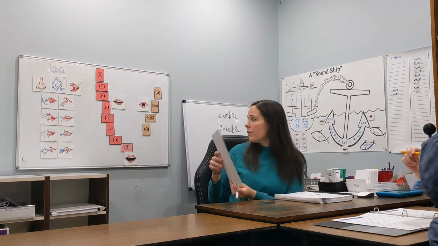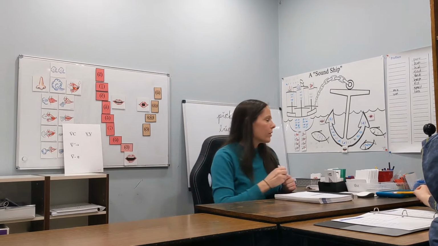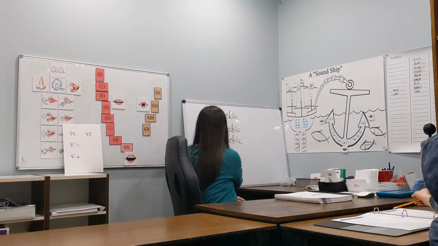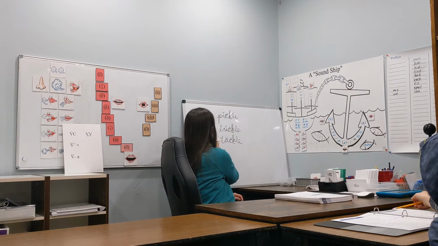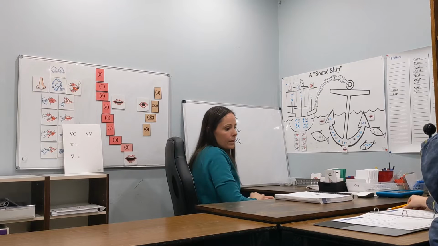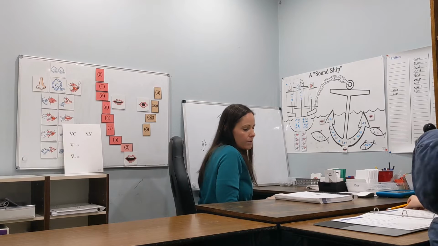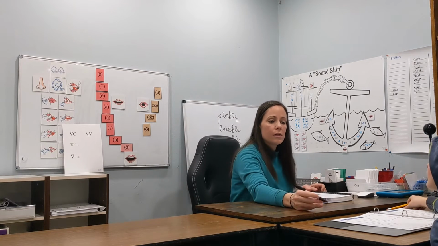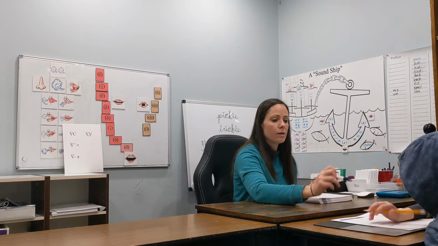Okay, so we've got those that we can remember. And also a few other things. You might see digraph N, or you might see the N before a K. And we know that we're going to put a hook on it to help us remember to make the ng sound, right? Okay, so did you remember the hook on your N there? Mm-hmm. And the hook on that end? Yeah.